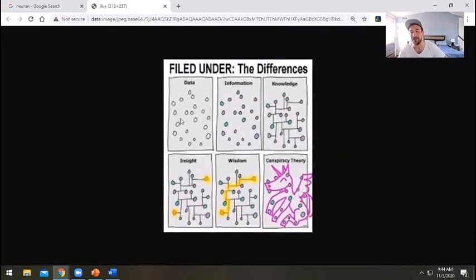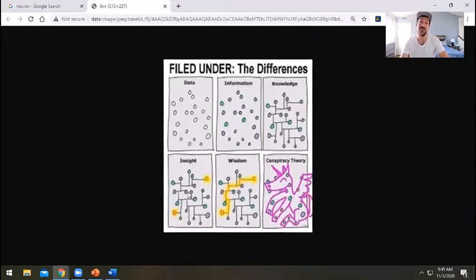You have data, which is just raw numbers. But then you can interpret those raw numbers with information and say, okay, this stuff means this and this stuff means that. Then if you take all that information and draw some conclusions, now you have knowledge. And if you're an expert in the field with that type of knowledge, you have insight, so you're understanding certain things deeply.